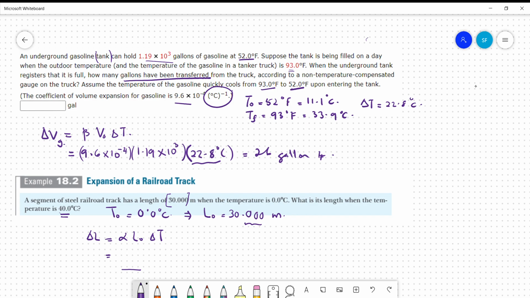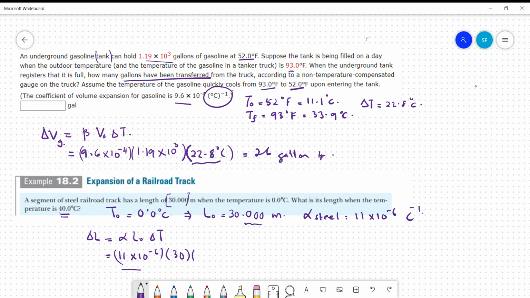First we need to find the coefficient of thermal expansion for steel. When you refer to the table, you will get alpha for steel as 11 times 10 to the power of negative 6 per Celsius. L naught is 30 meter.